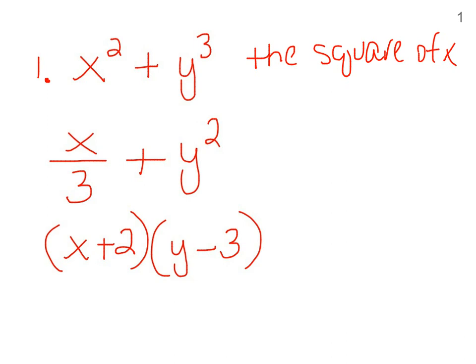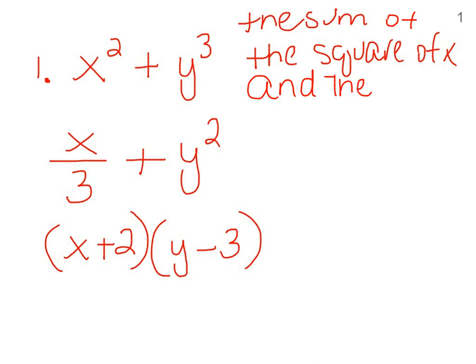You're actually going to start with the words, the sum of, and then you're going to say the square of x and the cube of y. You could also say the sum of x squared and y cubed, because anything to the third power is cubed. Adding is a sum.